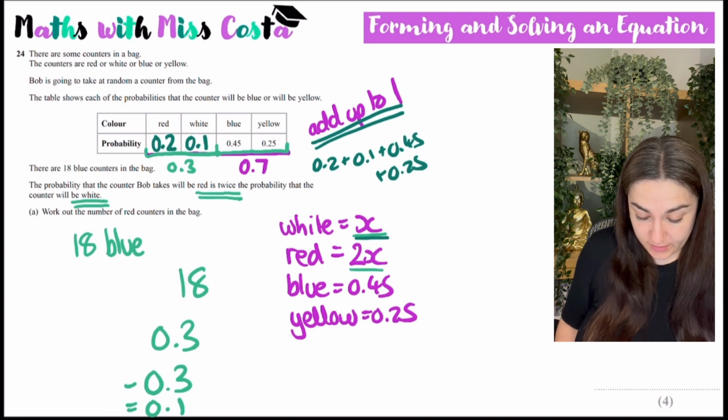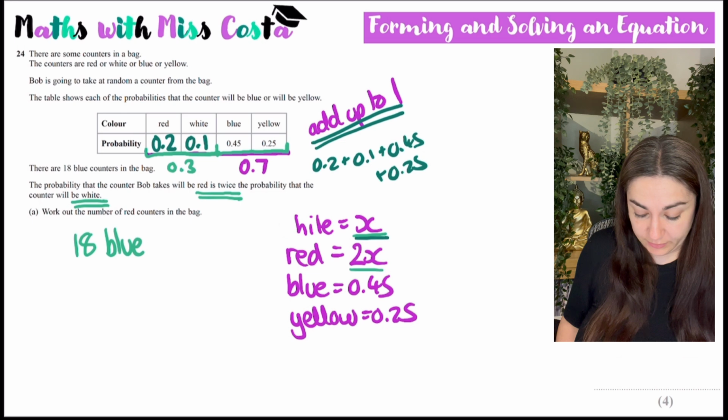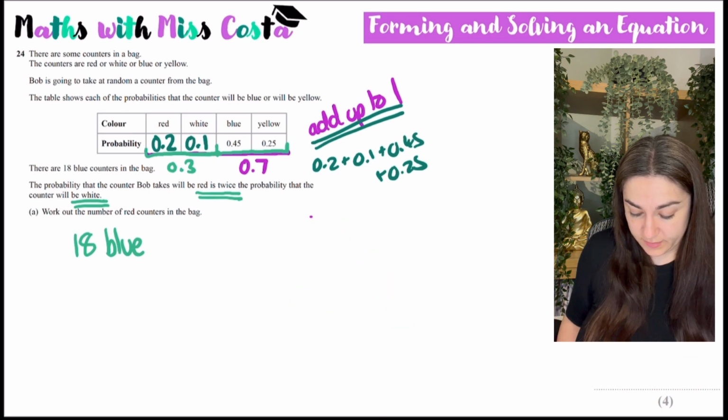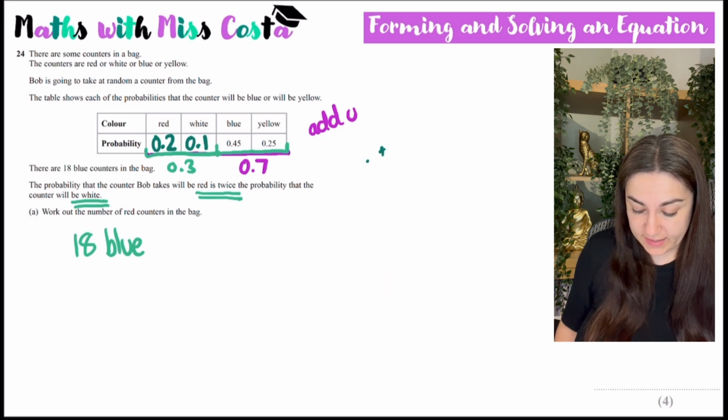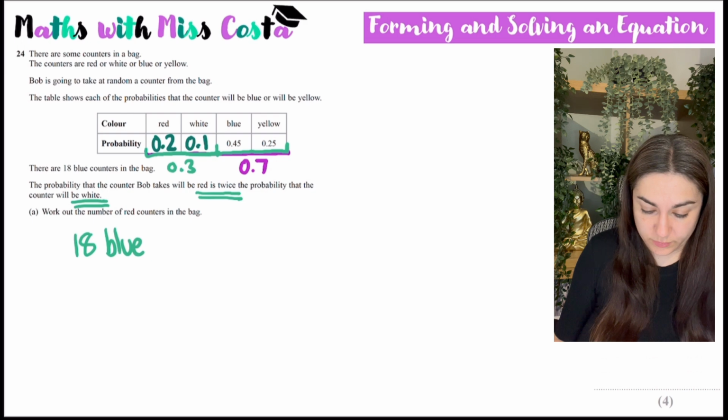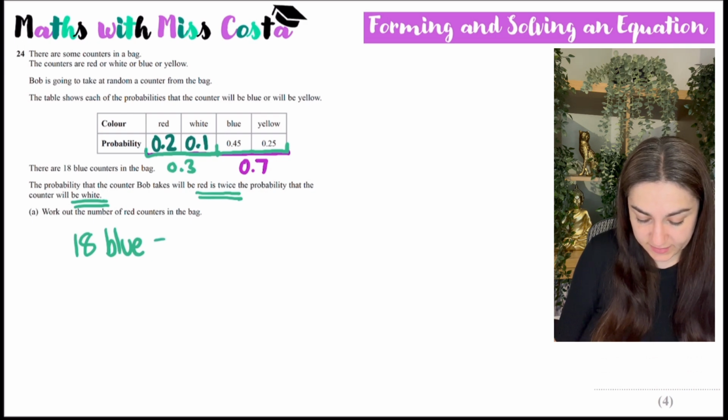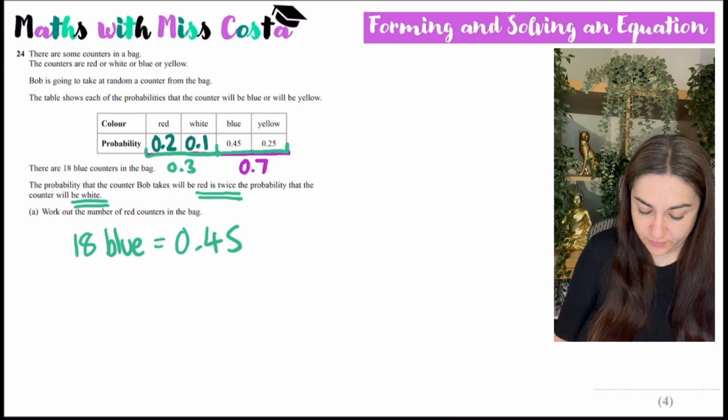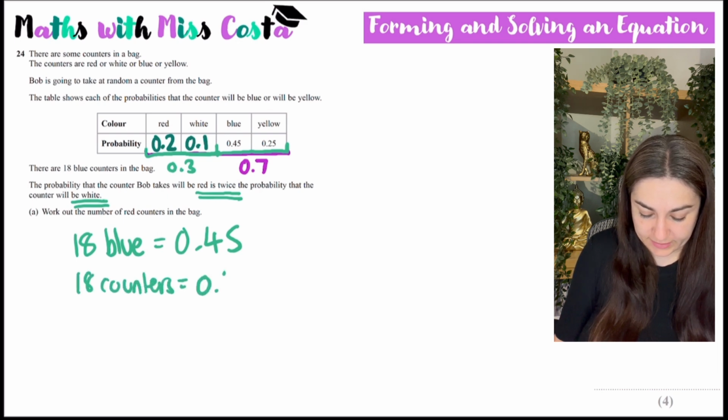So 0.45 probability is equal to 18 counters. So I could figure out how much one counter is. So 18 counters is 0.45.